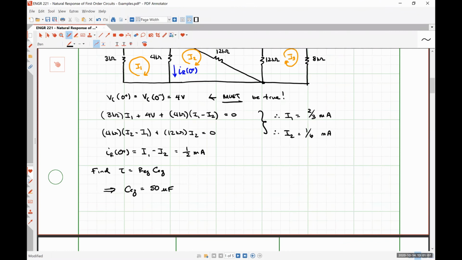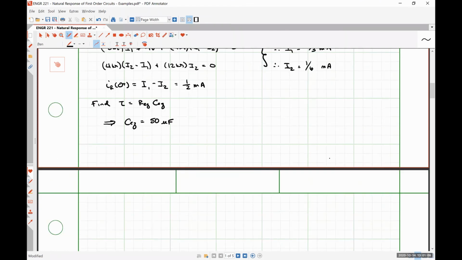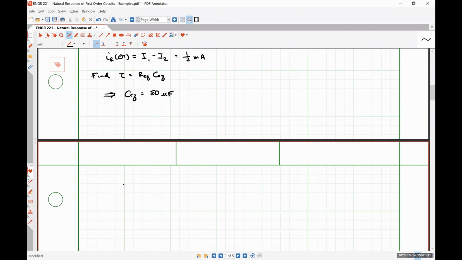To find our equivalent resistance, we are going to be looking at our circuit at t equal to 0 plus, but we're going to be taking the capacitor out and looking in through the terminals that the capacitor left behind when we removed it. So this is nothing more than the Thevenin equivalent resistance with respect to that capacitor.